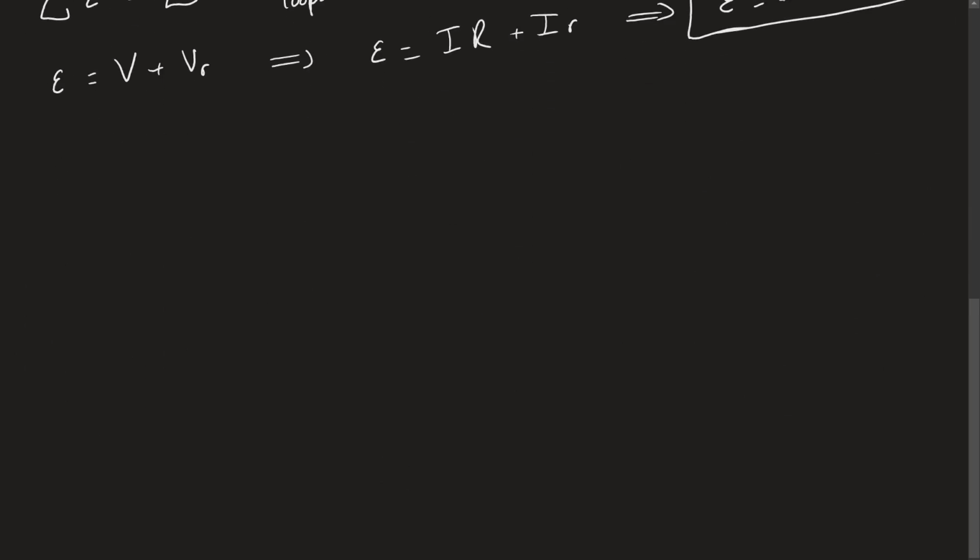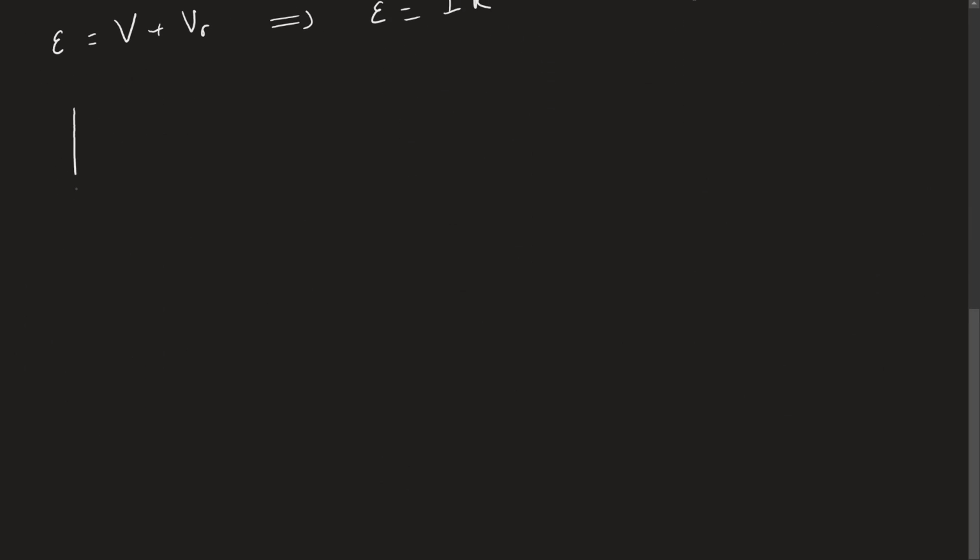And what your graph is going to look like is that, let's do a VI graph. I'm not going into the negatives in this case because I know that it has to be positive. So when my current is 0, I have my maximum potential on this voltmeter, and that is going to be the EMF.